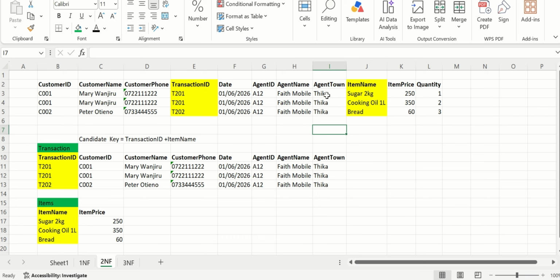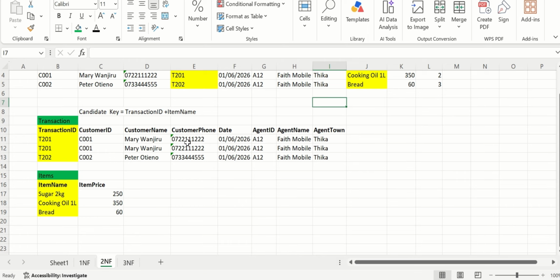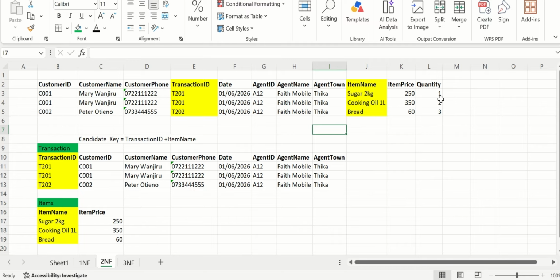So for our case here, we have transaction and item name. These form the candidate key, and quantity depends on both of these two things, the transaction ID and the item name.